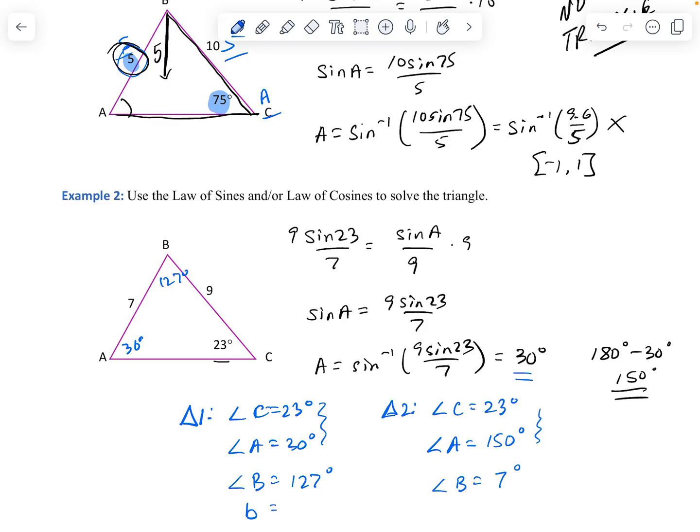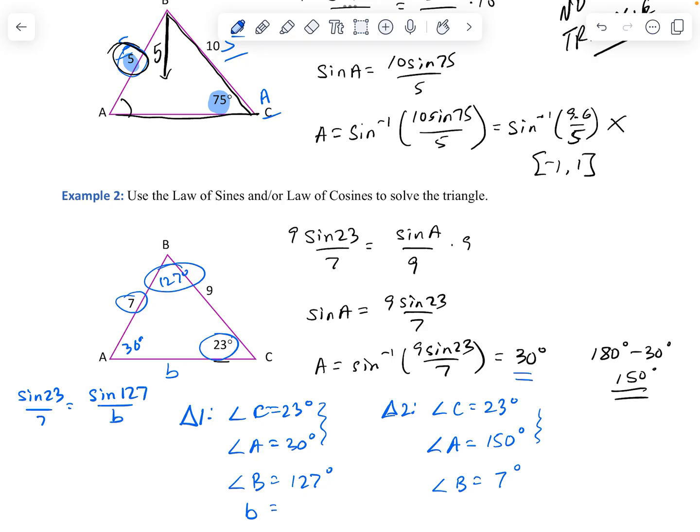We're going to have to do that twice, once for triangle 1 and once for triangle 2. I am going to go back to using law of sines because I think it's easier. So sine of 23 over 7 is equal to sine of 127 over little b.